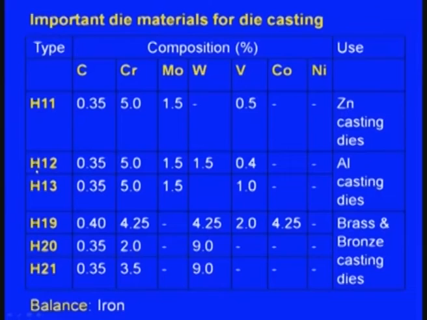Next, H12 steel: carbon content is 0.35, chromium 5%, molybdenum 1.5%, tungsten 1.5%, vanadium 0.4% and the balance is iron.